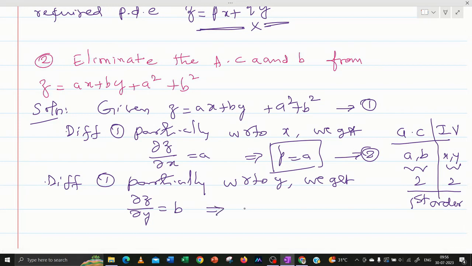That implies q equal to b, which is equation number 3. Substituting 2 and 3 in 1.